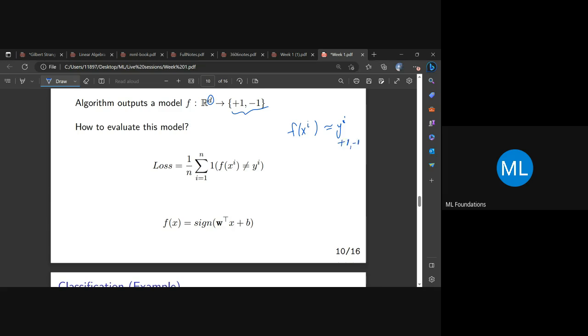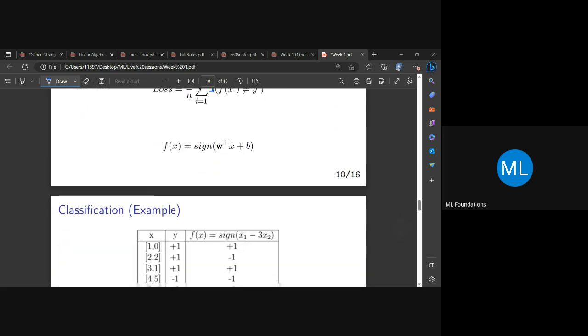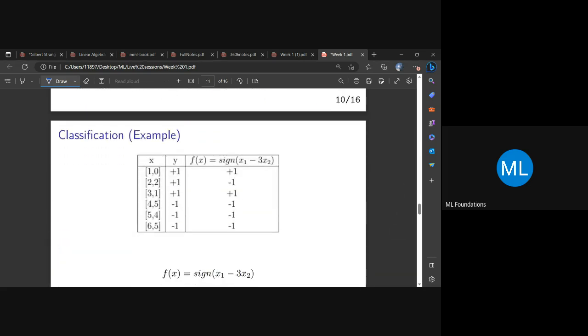The 1 here is just an indicator function. So you want to check if f(x_i) is equal to y_i. If that is true, you give it the value 1, and if it's not true, you give it the value minus 1.